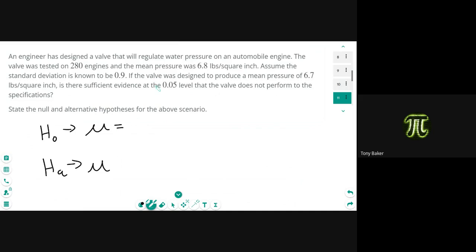Now remember, we need to make sure we're using the population mean and not the sample mean. The sample mean is 6.8. The population mean is 6.7. And then it says, is there significant evidence that the valve does not perform to the specifications?